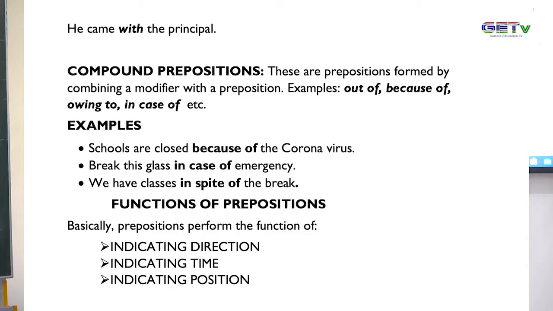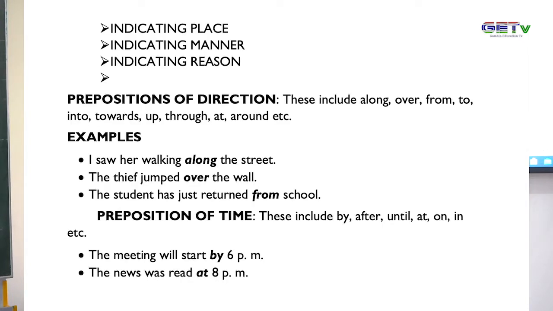Let's look at functions of prepositions. Now, basically, prepositions perform the functions of indicating direction, indicating time, indicating position, indicating place, indicating manner, and indicating reason. These are some examples of preposition functions. So you take note. We talked about types, and we say we have two main types. We have simple prepositions and compound prepositions.